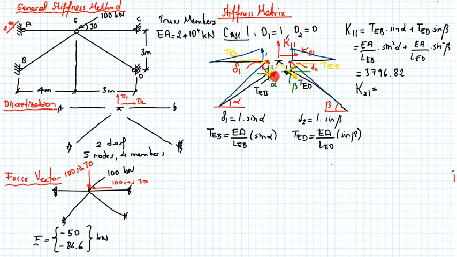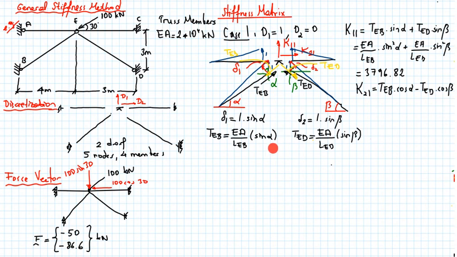In order to determine the horizontal components of these forces, I have to multiply them with the cosine of these two angles. So in that case, this one will be equal to TEB times cosine alpha minus TED times cosine beta.